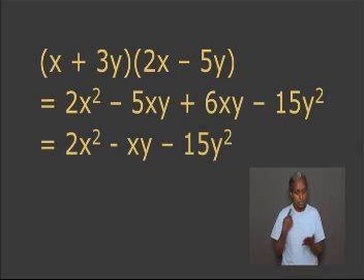This simplifies to 2x squared plus xy minus 15y squared. Well done. We can apply the same method when multiplying two complex numbers.